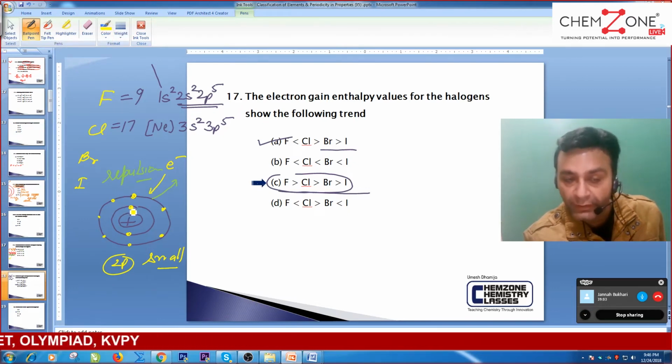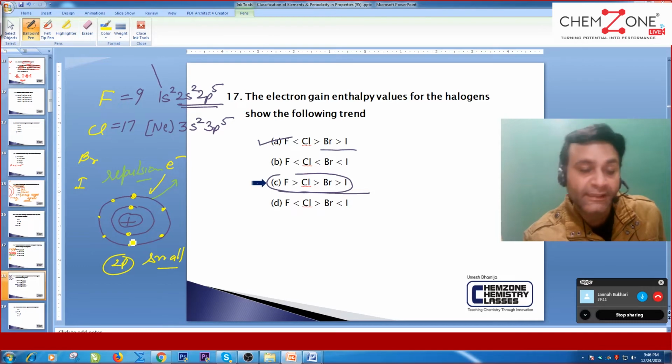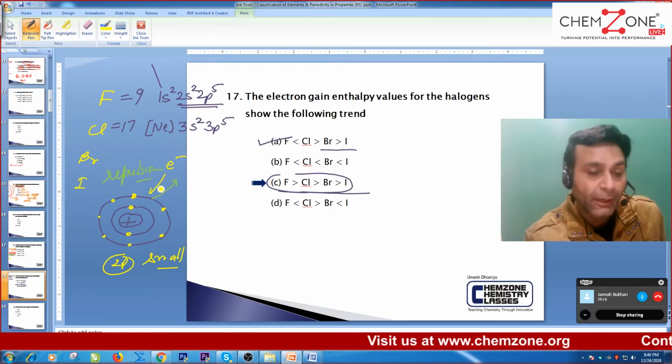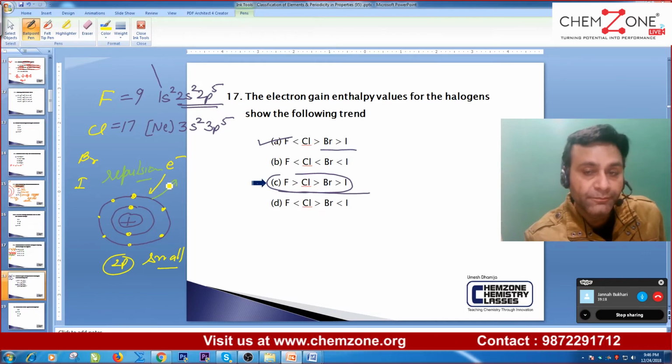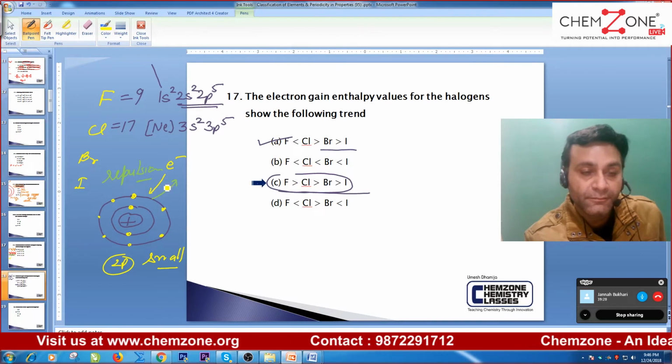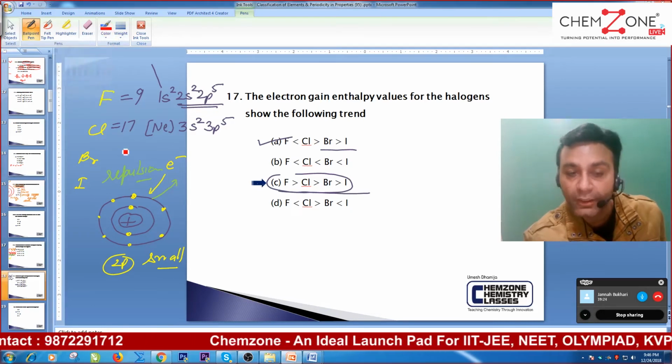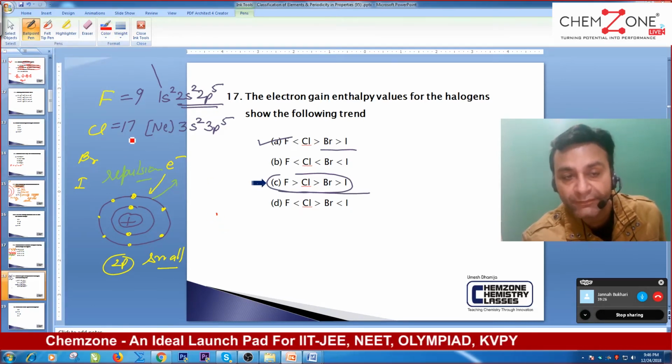It's already fully filled. Electrons cannot come into the first shell. They will come to the second shell only, the outermost shell only. Okay, right? But that is small in size, and due to that the electrons which are already present will repel the incoming electrons.